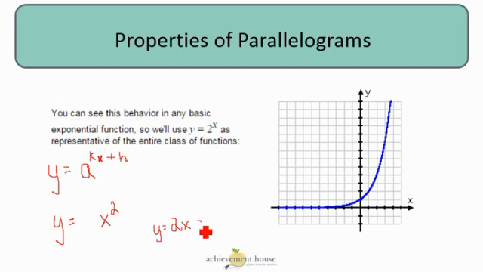For example, if x was 4, and I did 2 times 4, I would get 8.